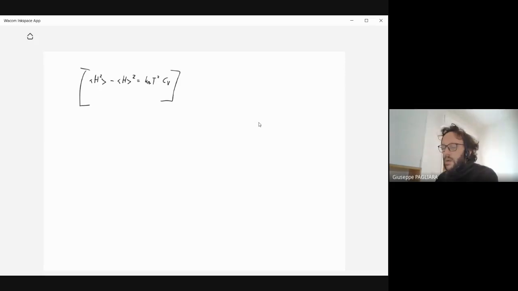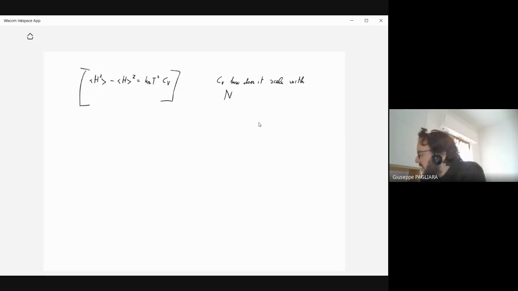Now, how does C_V scale with N, so with the number of particles? This is a heat capacity, and therefore it is an extensive variable.